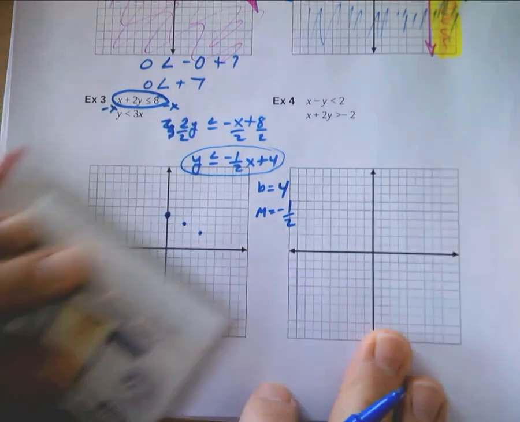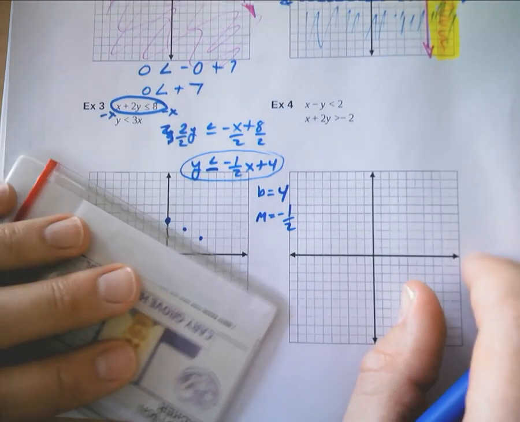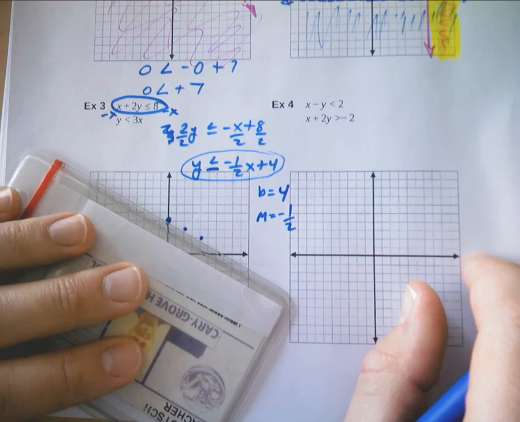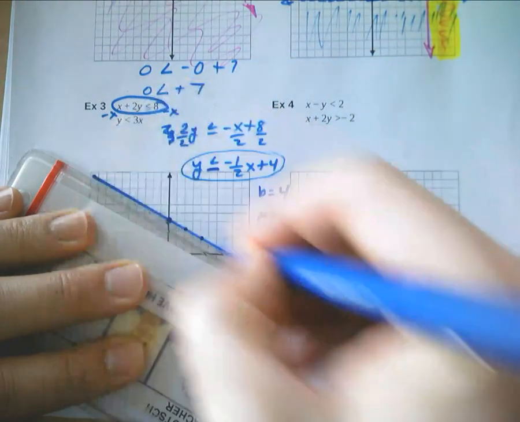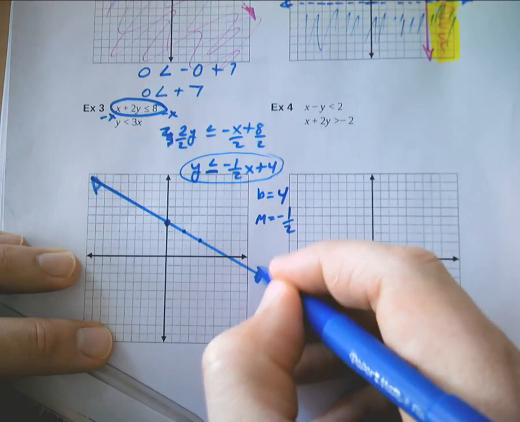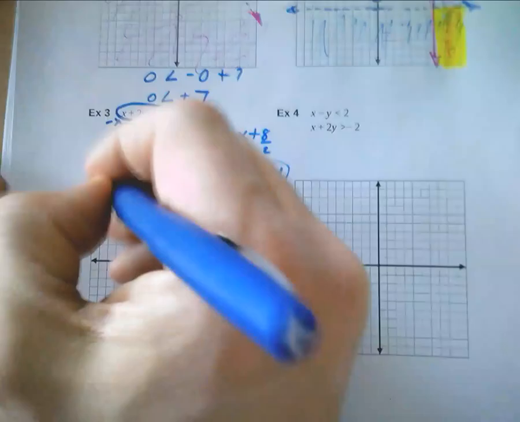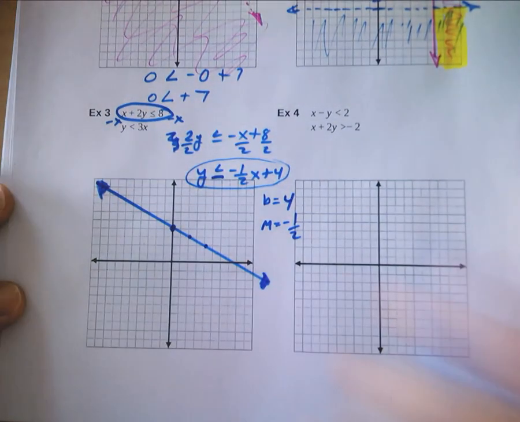Shout it out. What do you guys got? Solid it out. Yeah, Maddie says solid. Excellent. Okay, so I've got a solid line there. This is an arrow. Sorry, and the arrow's very good.